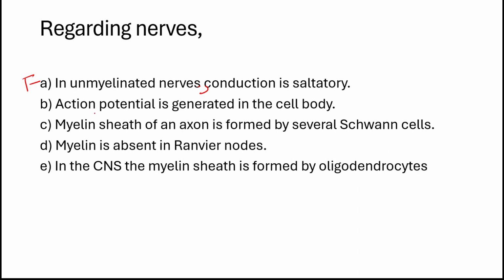Action potential is generated in the cell body. Again, a wrong statement, because the action potential is usually initiated at the axon hillock, or the initiation of the axon. So not the cell body. Axon hillock is the terminal part of a cell body.